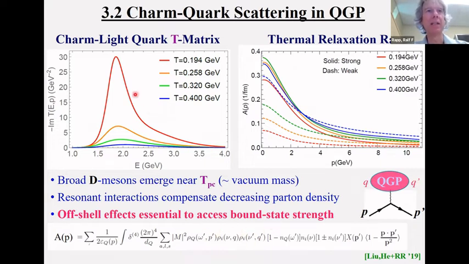That is absolutely critical to access and make use of this large interaction strength, because these spectral functions are broad, and there's no problem to have root s values, or total energies, which probe these resonances. So this is a third manifestation where the quantum effects are really important. Otherwise, if you had bound states, you couldn't access them in two-body scattering if you just had quasi-particles.